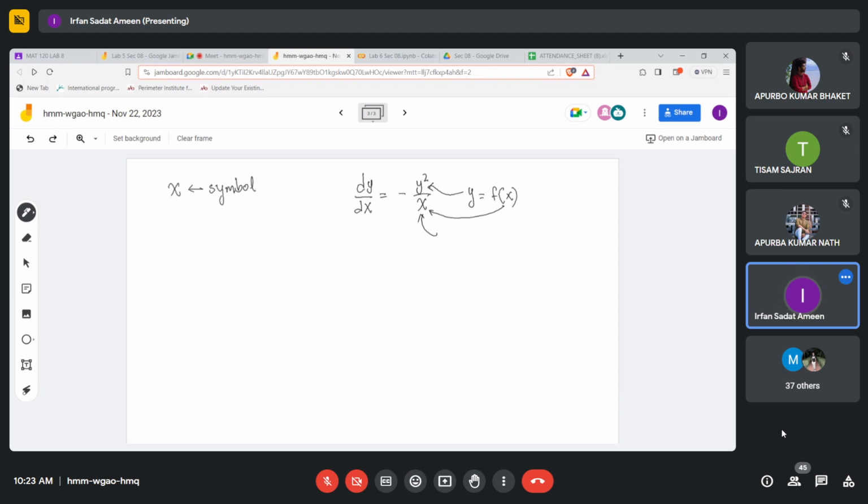We can create empty arbitrary functions. What do I mean? An empty arbitrary function means, let's say I imagine this, that you wrote something like this. And then you didn't write anything here.